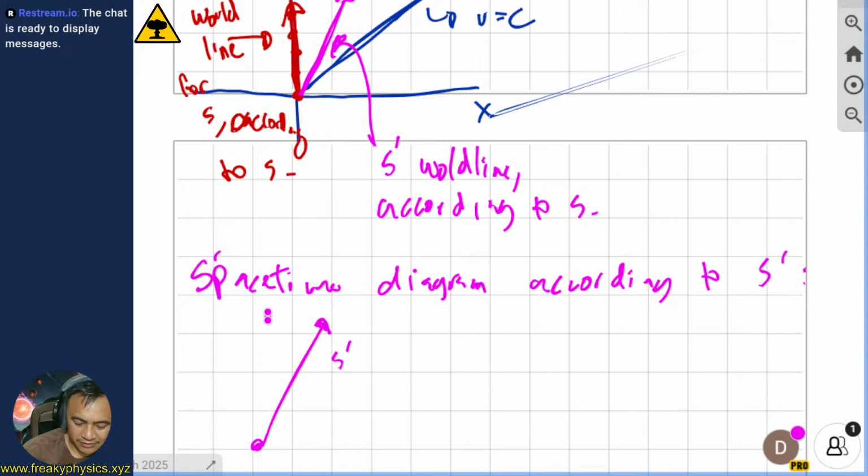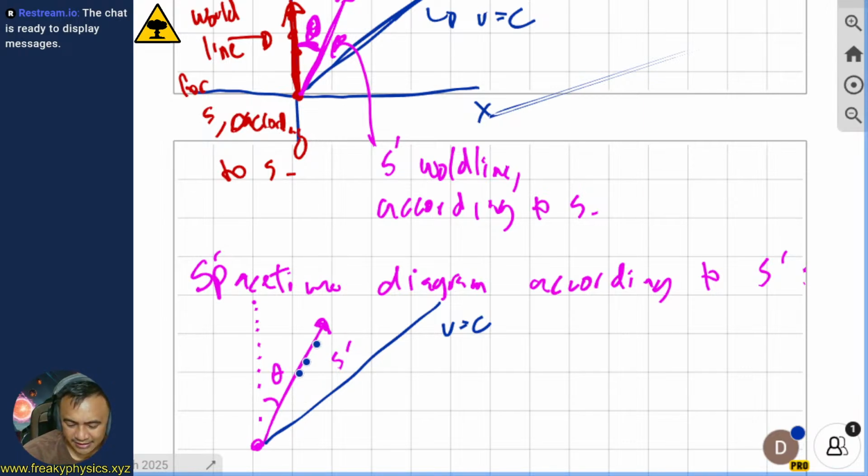Now, you notice I didn't draw the axes yet? I'm going to draw that theta here again, and now I'm going to draw an angle theta here. I'm also going to draw that world line for the light. So this is still v equals c, right? Let's not do that other angle.